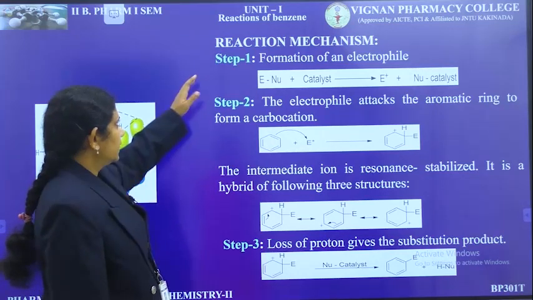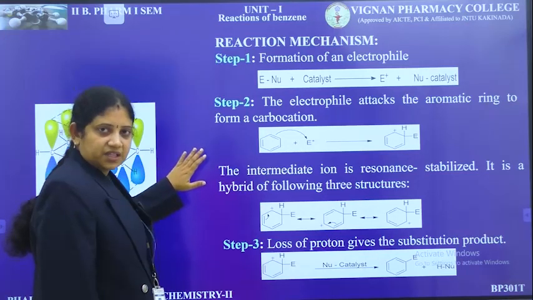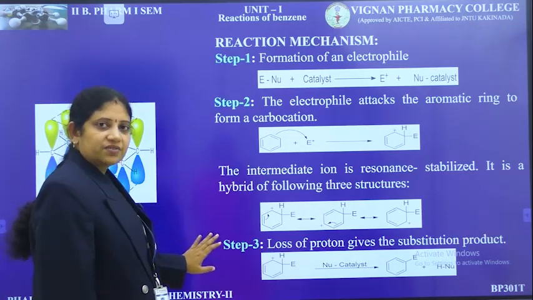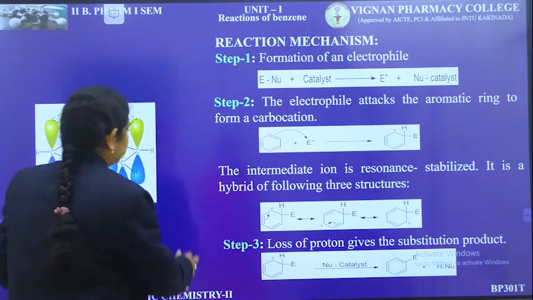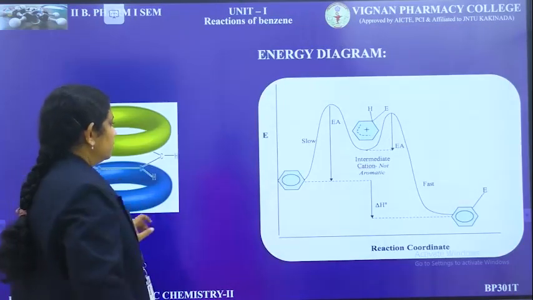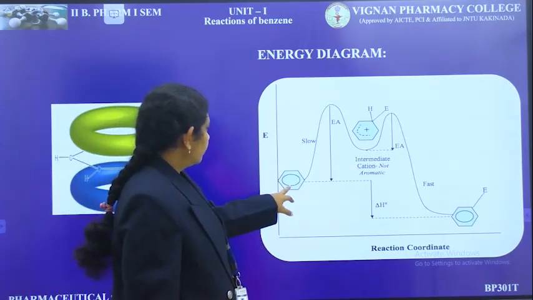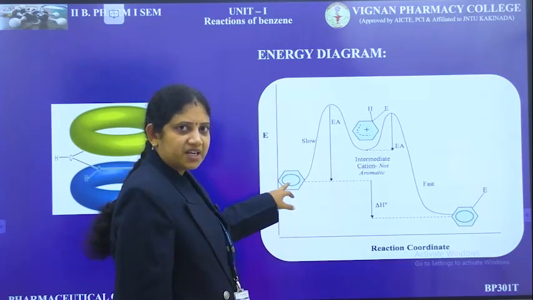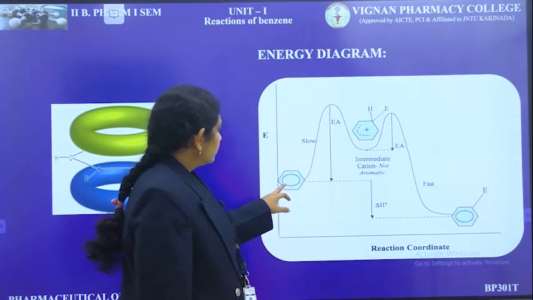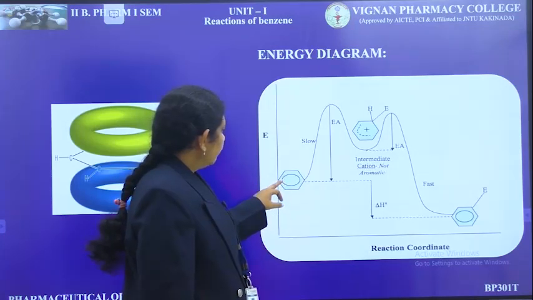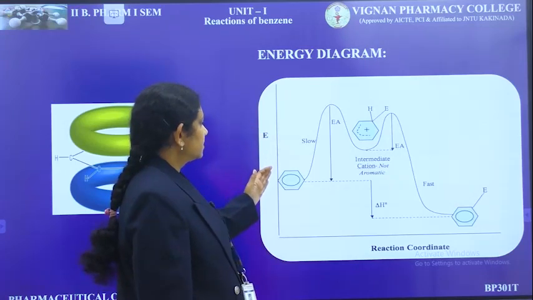So what are those steps? The first one is the formation of the electrophile, the second one is the reaction with benzene, and the last one is the formation of the product through the loss of the proton. So coming to the energy diagram, here the starting material is benzene. When benzene interacts with the electrophile, what happens?